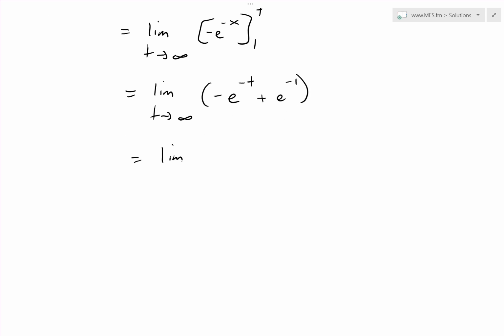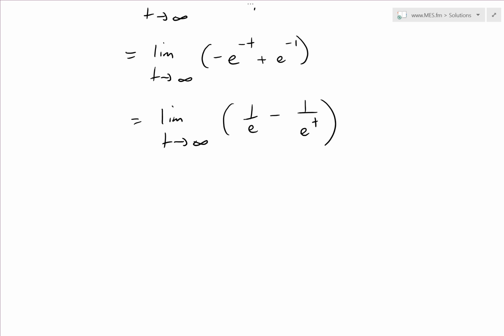This equals the limit as t approaches infinity of 1 over e, minus 1 over e to the t. When t approaches infinity, this term goes to 0, because it's 1 divided by infinity, so it converges to 1 over e.